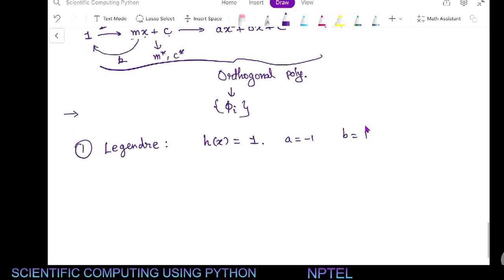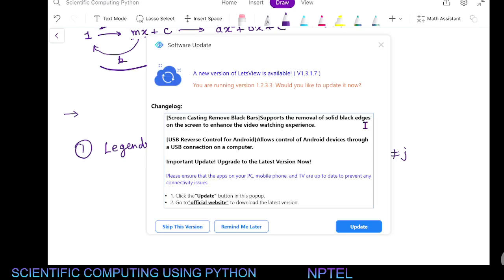Then the dot product or inner product between phi i(x) and phi j(x) from -1 to 1 should be 0 if i is not equal to j, because two polynomials should be orthogonal. So we can write it as delta ij times some number gamma i, or gamma j. You can write anything.